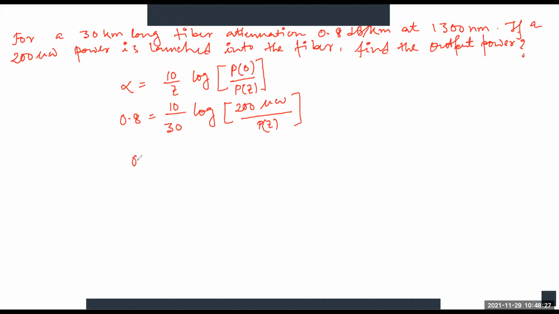So it is 0.8 into 30 divided by 10 equals log 200 mu watt divided by Pz.